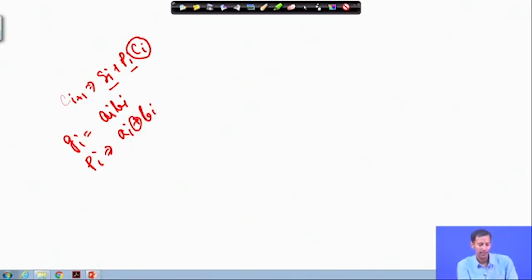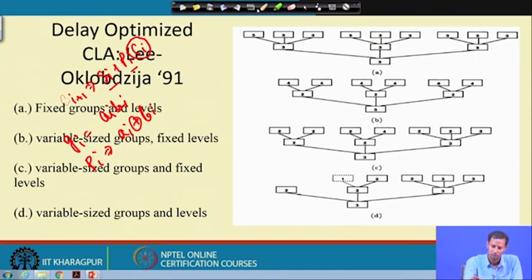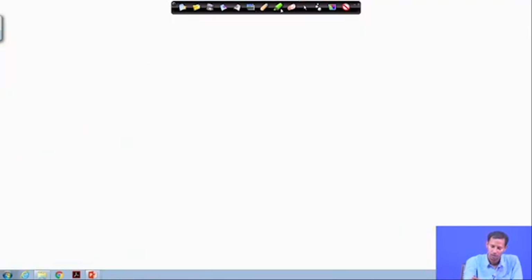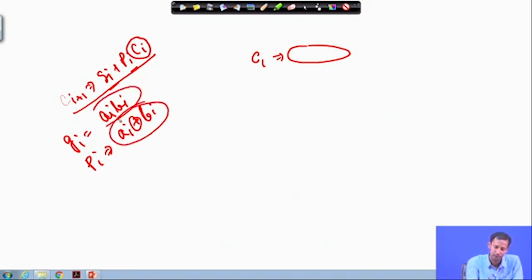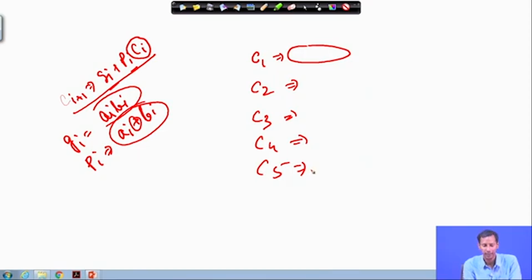Now, whenever I continue with this particular equation, for C1 I will get some expression in terms of Ai, Bi, then C2 I have to find out, then C3, then C4, then C5.